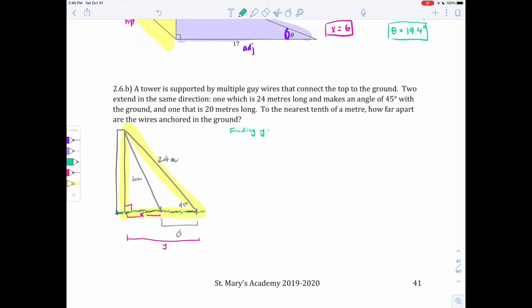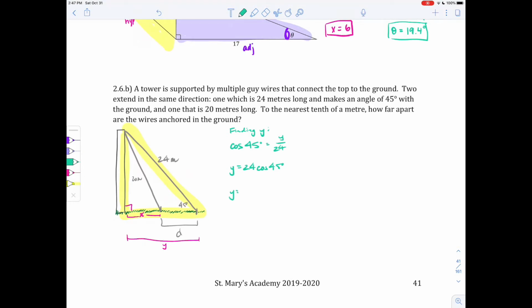So for y, I can say that that's the adjacent side to this 45 degrees. And with this 24 being a hypotenuse, I'll be using cosine. So the cosine of 45 degrees is y over 24. Y is equal to 24 cos 45 degrees.